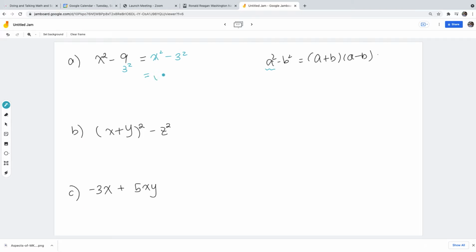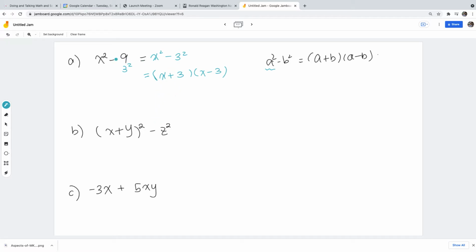So I can change that to x plus and x minus in the parentheses. Now, what is my b? What is squared? 3 is squared. So you can add 3 in the first parenthesis, and you can subtract 3 in the second. Okay, so that's what it is.